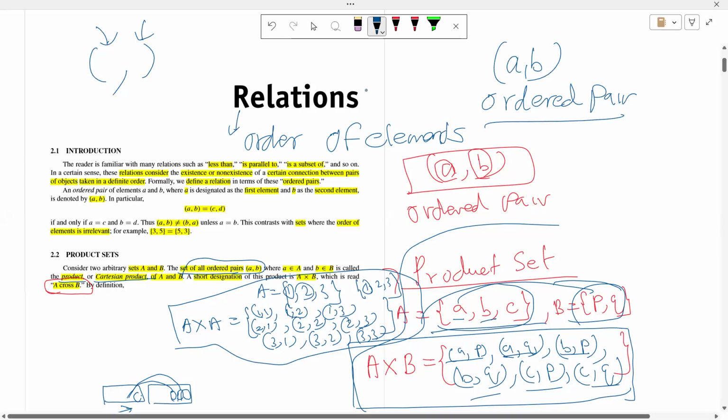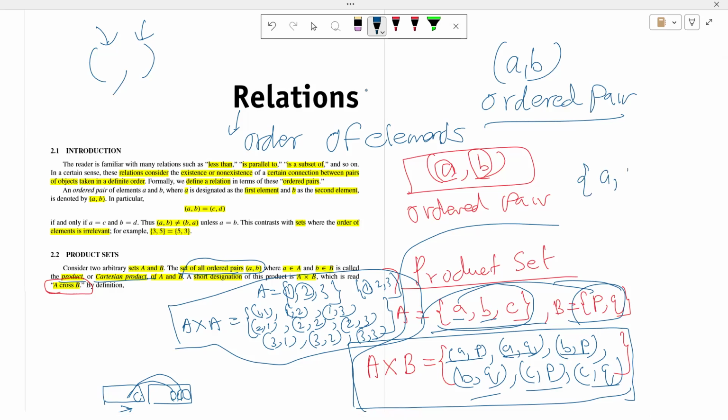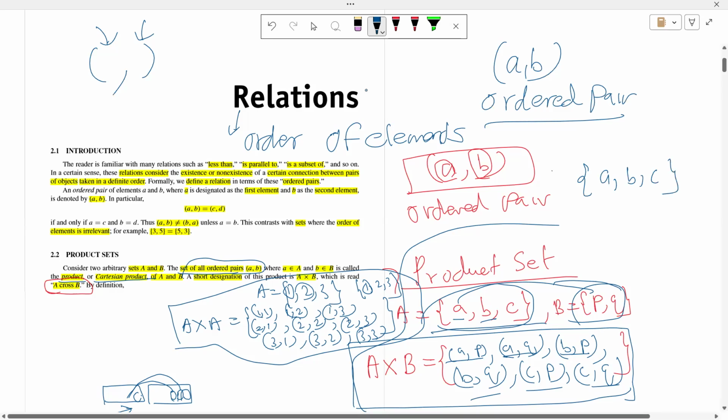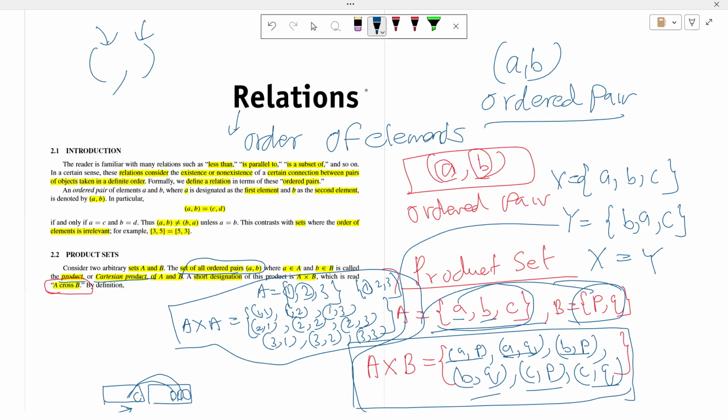In set theory, we don't care about the order of the elements. Let's say set X contains three elements A, B, C. Similarly, set Y contains B, A, C. So we can say X is equal to Y. We do not consider order in set theory, but in relations the order of the elements is mandatory.